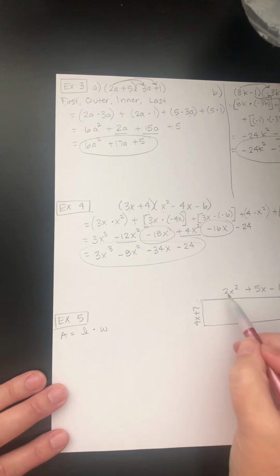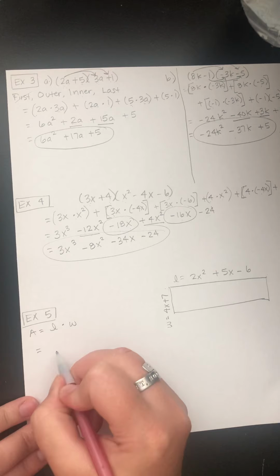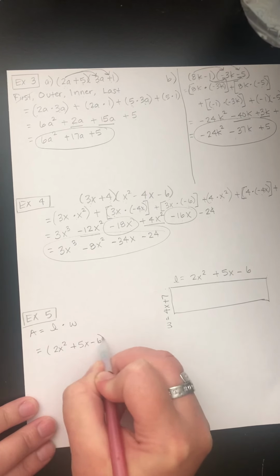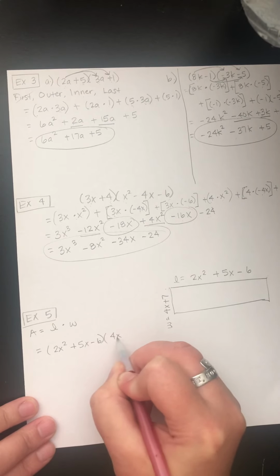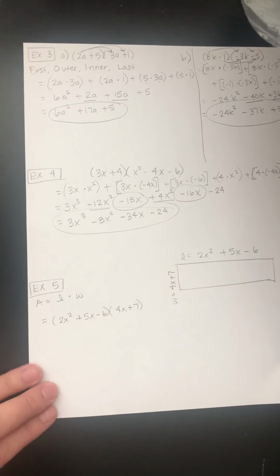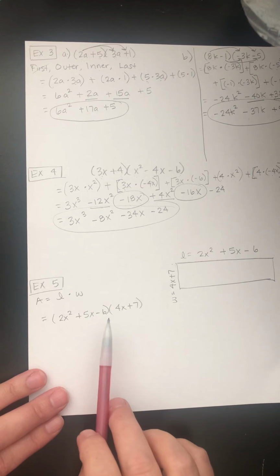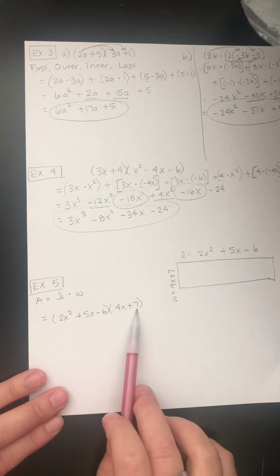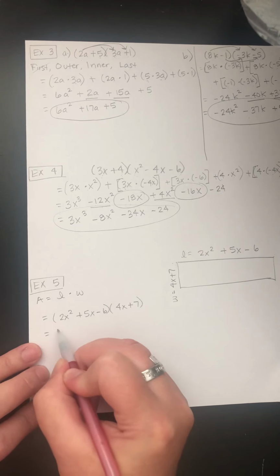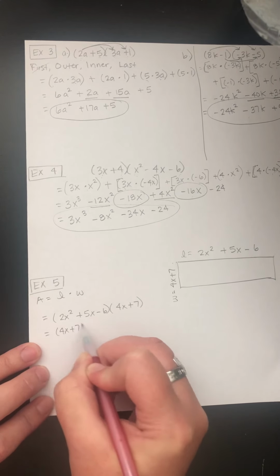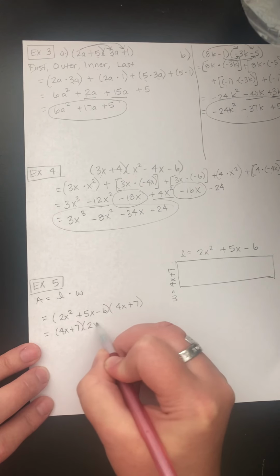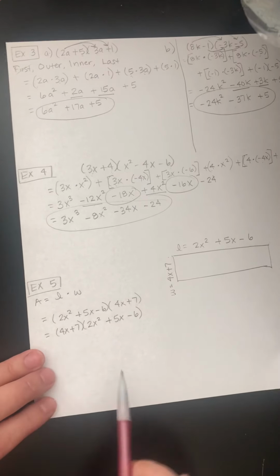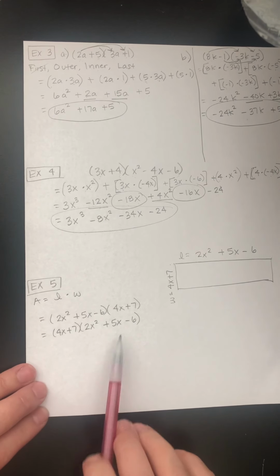L times W. All right. 2x squared plus 5x minus 6, 4x plus 7. So length times width, we're going to do the distributive property. A lot of times it's easier to have 4x plus 7 first, so let's rearrange that. The smaller polynomial first. It really doesn't matter. You'll still get the same answer, but sometimes it's easier for people to see it written this way, with our smaller polynomial first and our bigger one second.